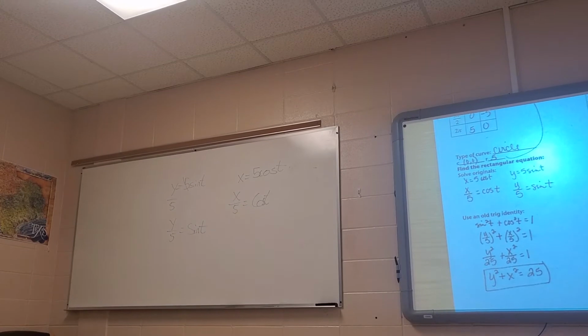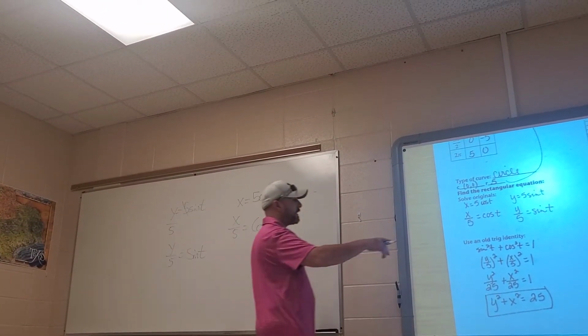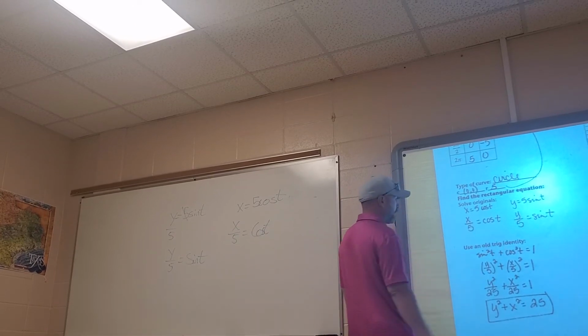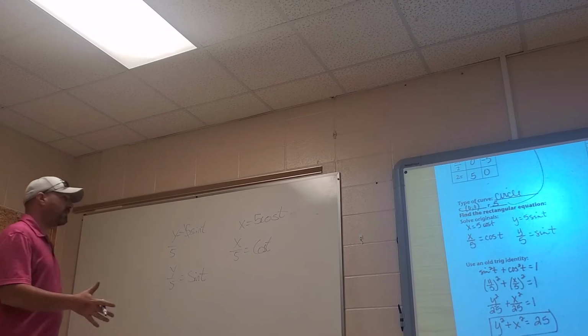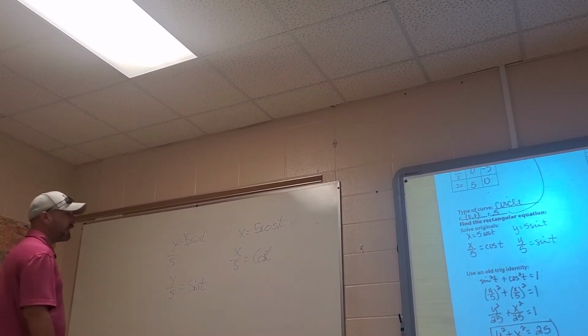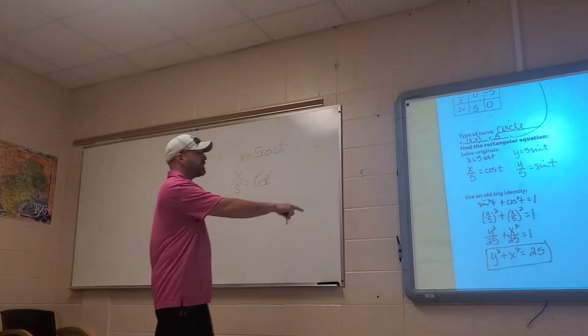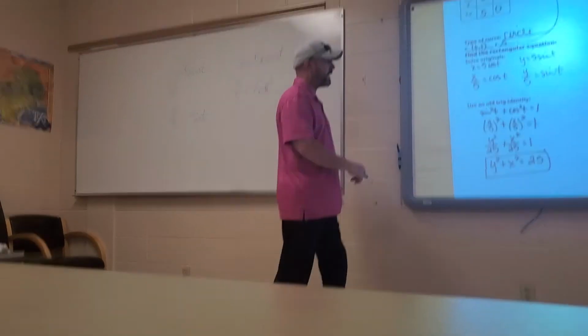You've got to get into inverses right here, and things get a little tricky, and we don't like that. So you can use this old trig identity. You guys remember this Pythagorean identity?